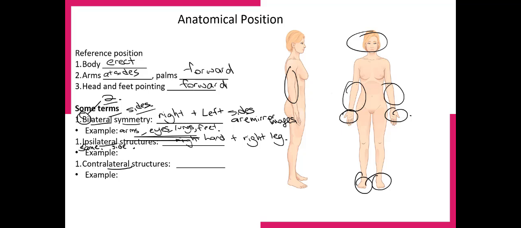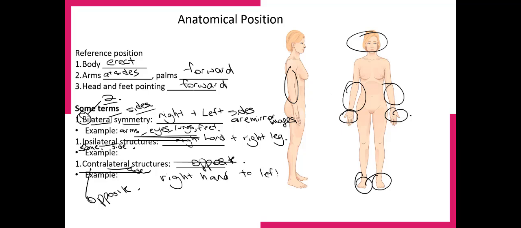So again, lateral means side, contra means opposite, right? So it's opposite sides. So for example, your right hand is contralateral to your left hand because they're on the opposite sides. So again, I'm bringing this up because we will use these terms as we actually go along in this lecture.